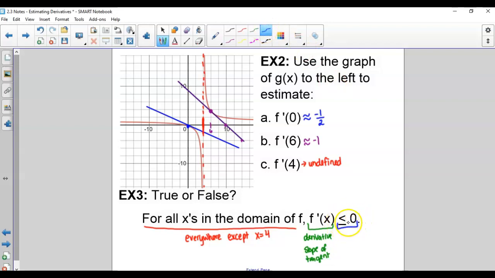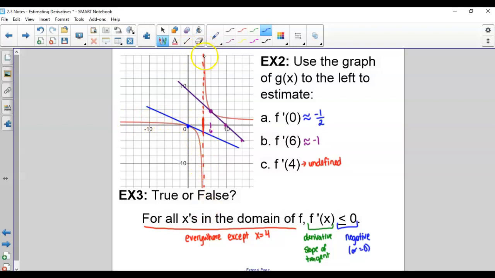And if something is less than or equal to 0, it is negative or equal to 0, so either 0 or negative. If I look here, this graph is constantly decreasing all the way until I get to that vertical asymptote. So my tangent line would also be negative. Every line here would have a negative slope.